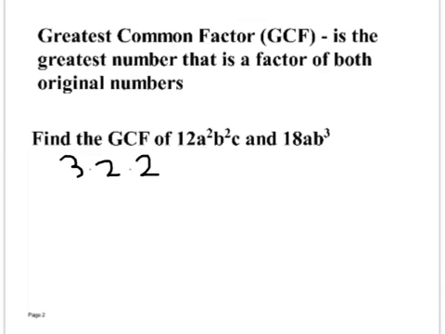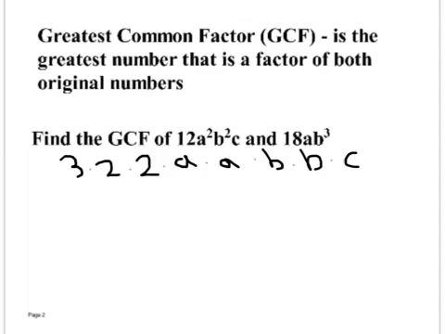Usually I'd write 2 times 2 times 3, but it's okay if it's out of order. So we're done with 12. Then a and a, b and b, and c.